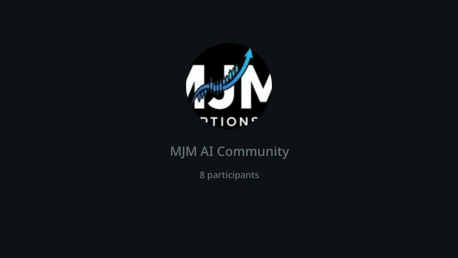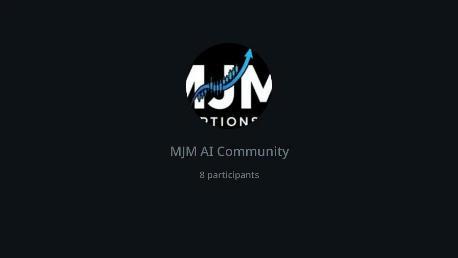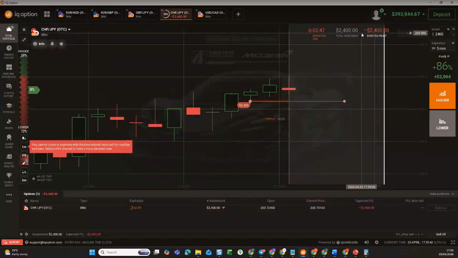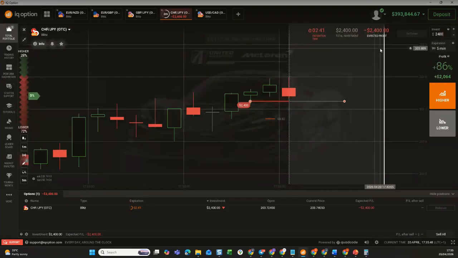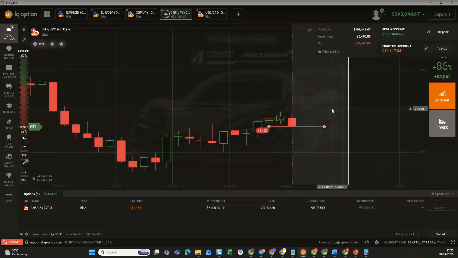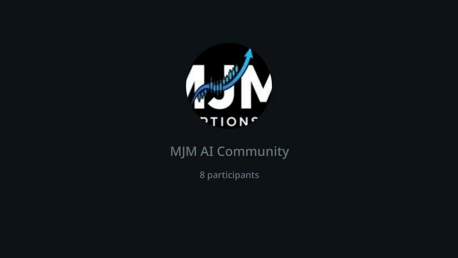Now, the second step is for you to register on IQ Options using our link. Then you go to your profile, you copy your user ID. When you copy your user ID, you then go ahead and fund your IQ Options account, that would now grant you a permanent access to the AI. So that's basically how you get access to the AI.